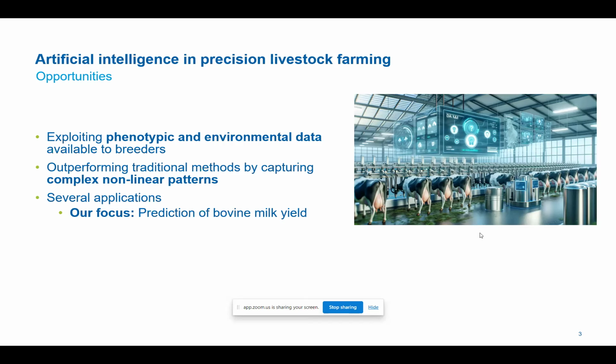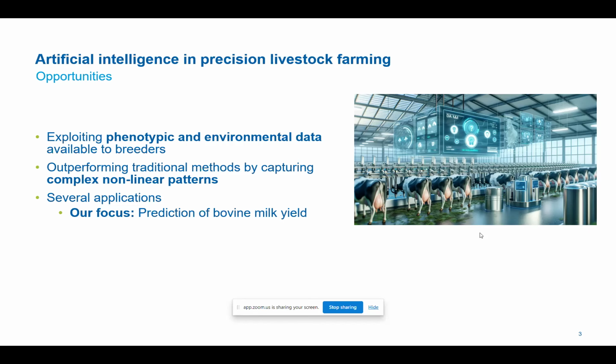With AI in livestock farming, you can exploit complex nonlinear patterns in the data to predict some phenotypic value that you would like to predict for herd management reasons, for production reasons, and so on.